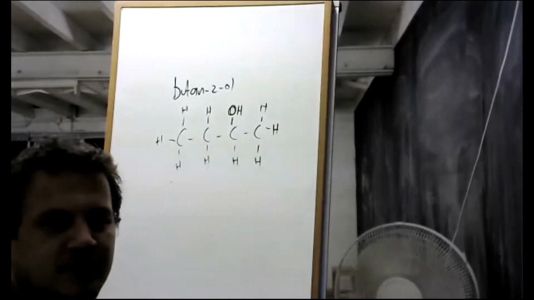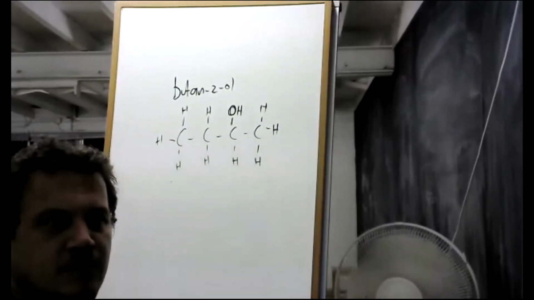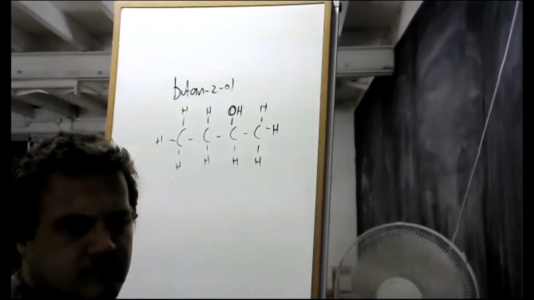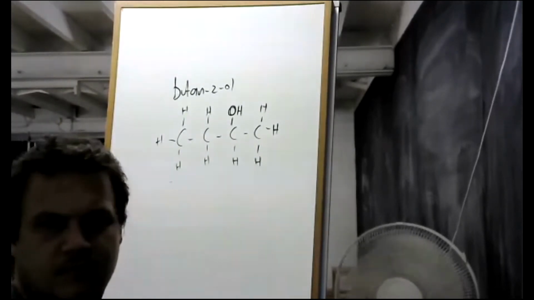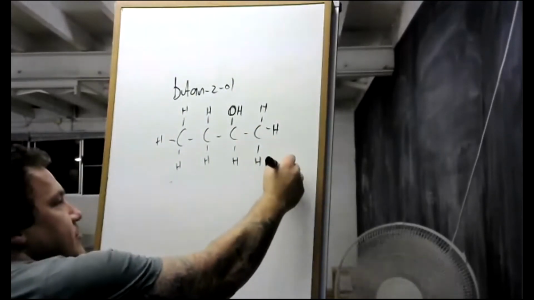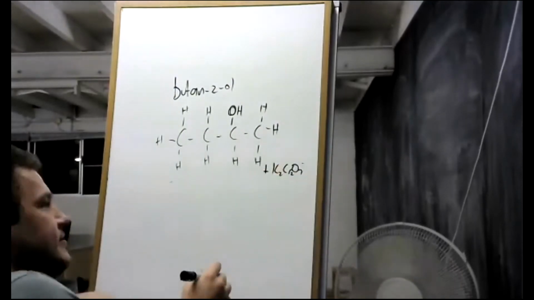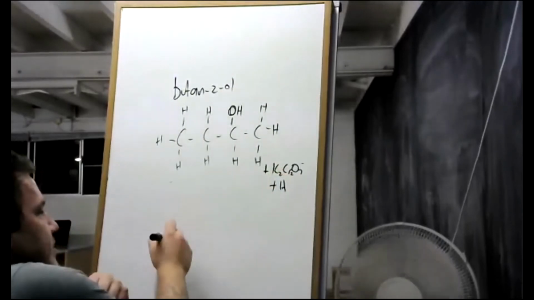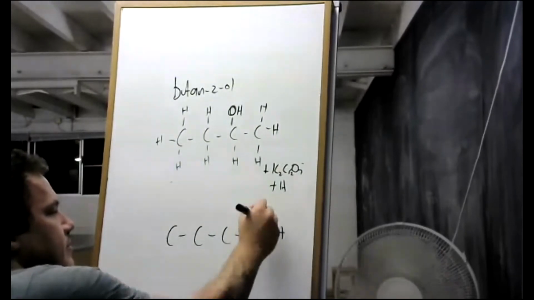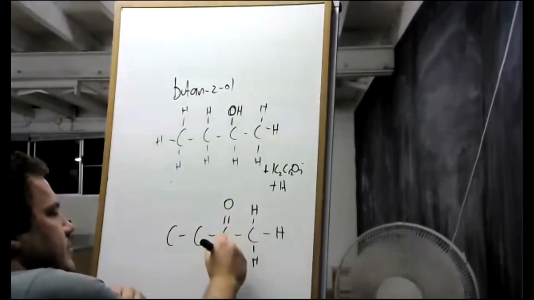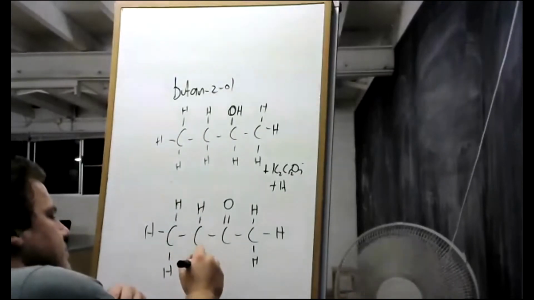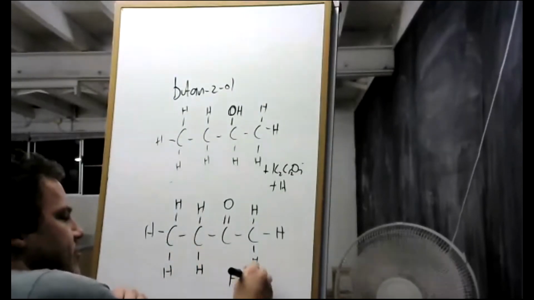So who remembers what the potassium dichromate formula is? So it will be plus K2Cr2O7, plus H gives us plus H2O as a byproduct.